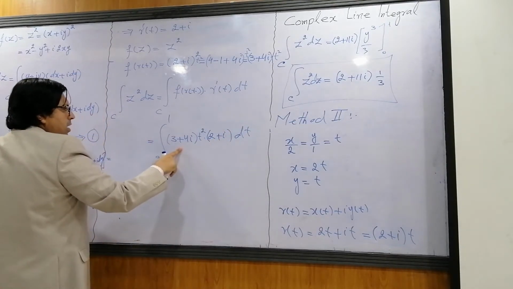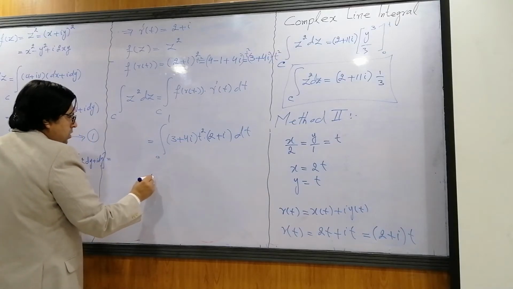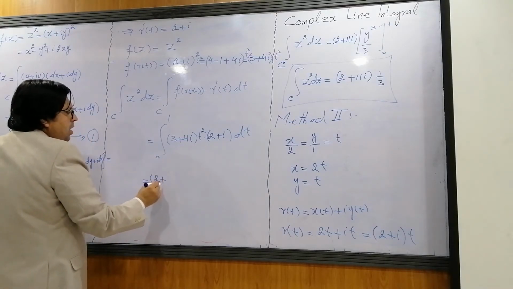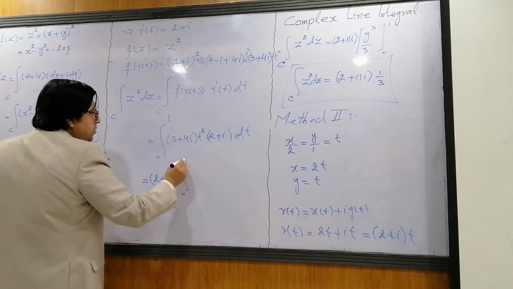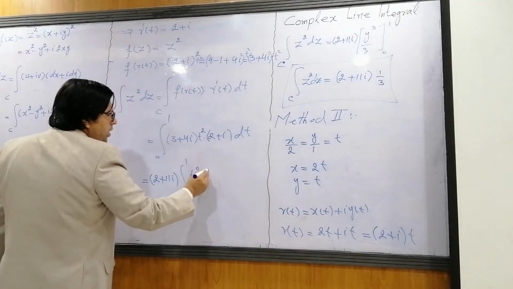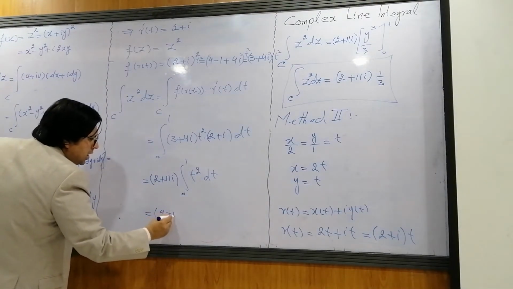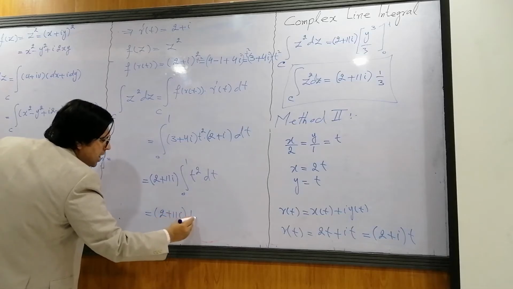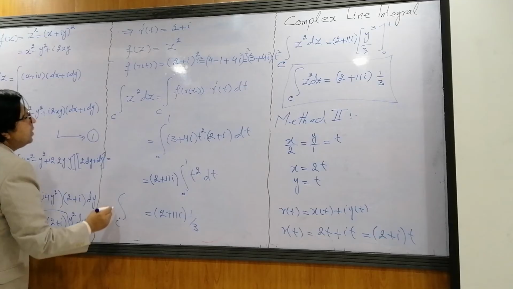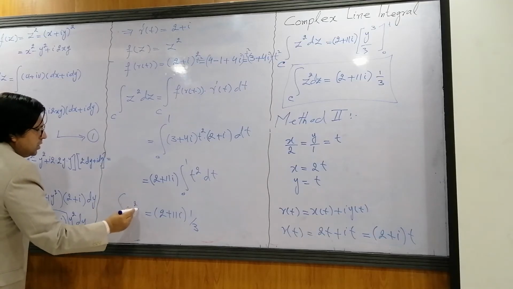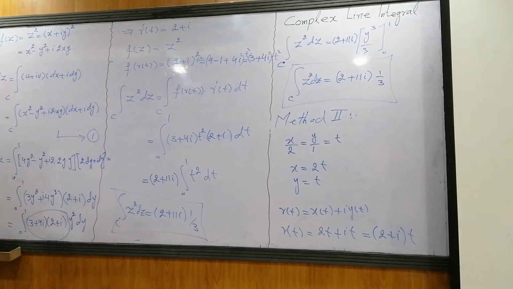Now these two terms are constant, so they will go outside, and if we multiply these two terms, again we will get (2 + 11i) times the integral from 0 to 1 of t² dt. If you evaluate this integral, you will get the same answer, which is this one. So the integration along the curve C of z² dz is equal to this thing.